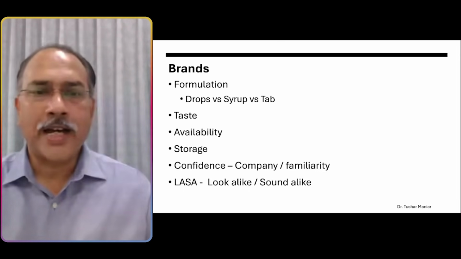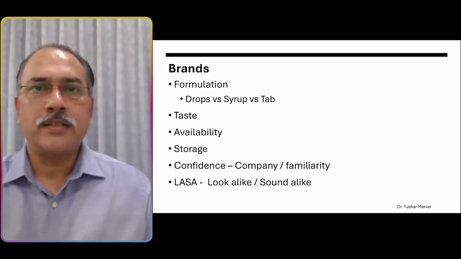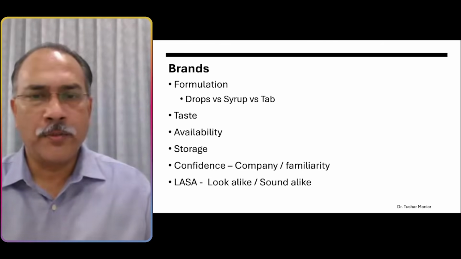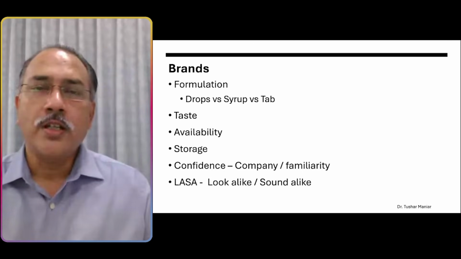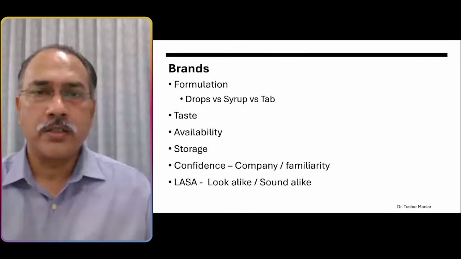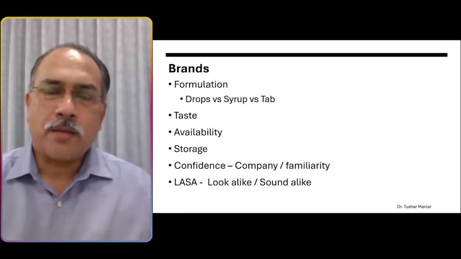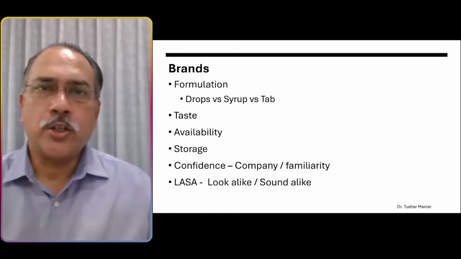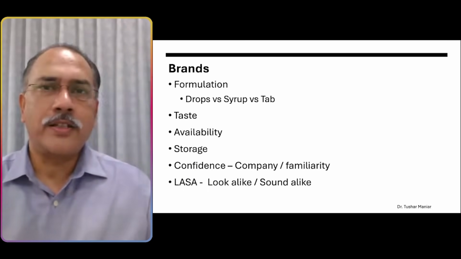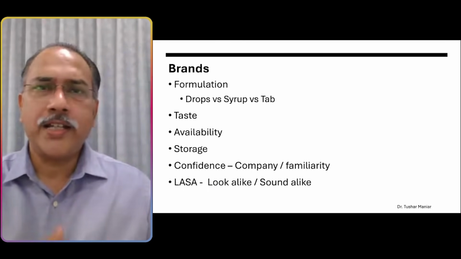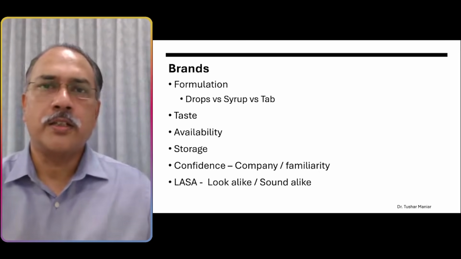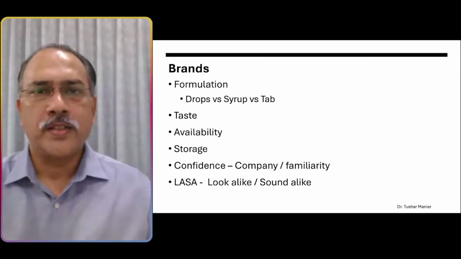And lastly, LASA is the abbreviation used for look-alike, sound-alike drugs. So what policy we follow here, I will give you an example. Suppose Cherikov, Ascoril, Sinarest, Timinic, they have at least 5 or 7 formulations under that one particular brand name.